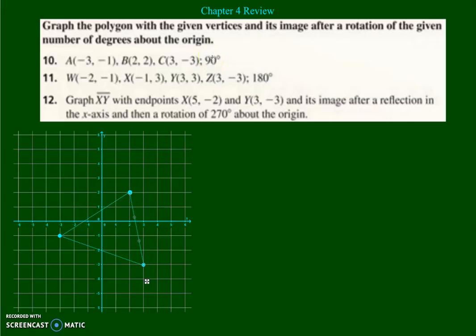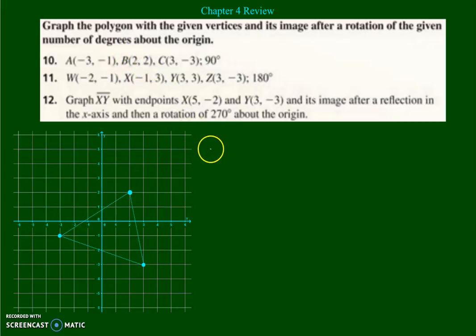Now the assumption that I'm making here is that it's going to go 90 degrees counterclockwise. They didn't say one way or another. Generally we'll move counterclockwise unless they say otherwise. So we're going to go ahead and write down our points and then calculate our rotation.